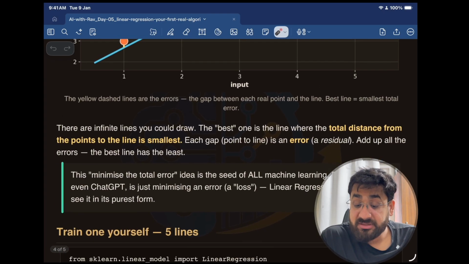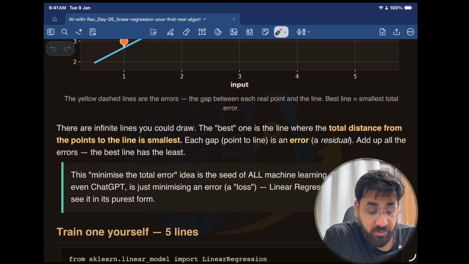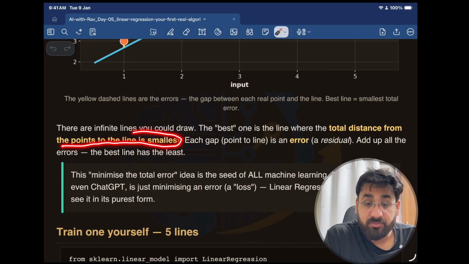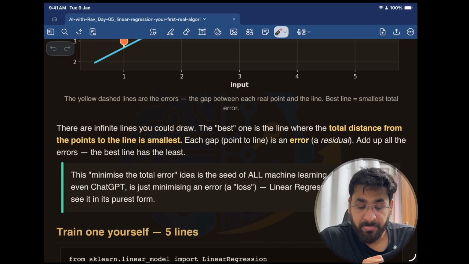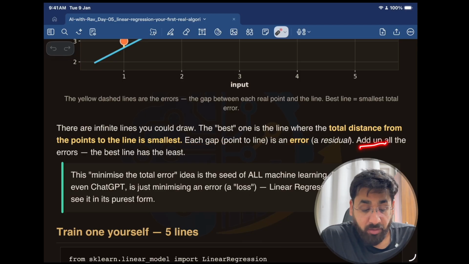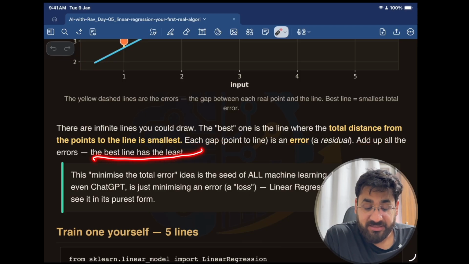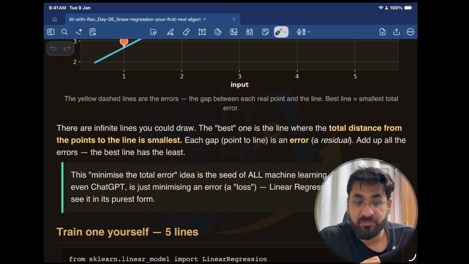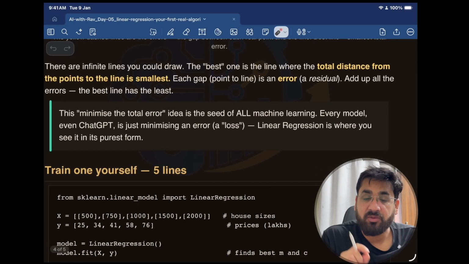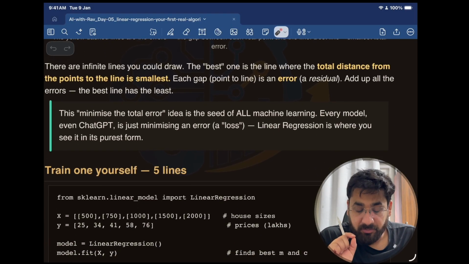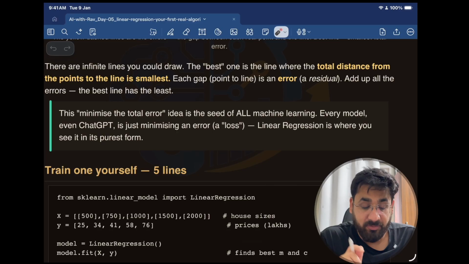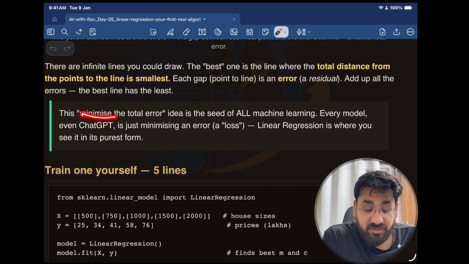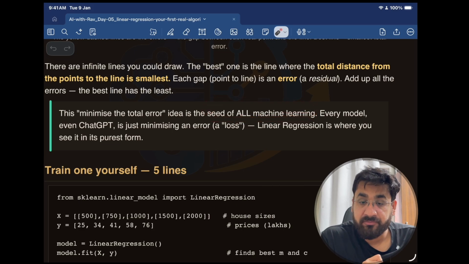The best one is the line where the total distance from the points to the line is the smallest. The gap is an error. Add up all the errors, and the best line has the least. And this is the power phrase that you need to remember: minimize the total error. It is the seed of all machine learning.